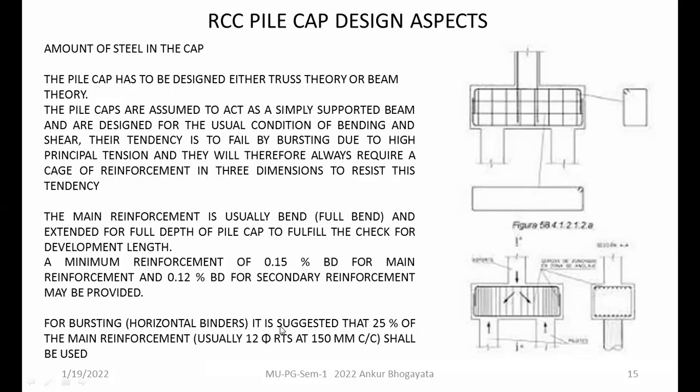For the bursting force requirement, it is suggested that 25% of the main reinforcement shall be used. So suppose you have a main reinforcement of, let us say, 100 percent, you can use an additional 25% in the bottom to resist these bursting horizontal forces.